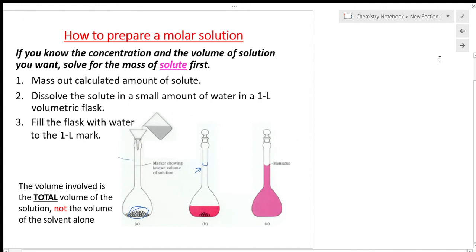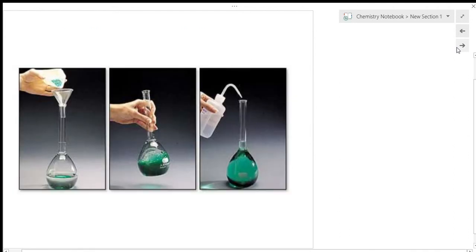So we're going to take a look at how we prepare a solution, like what I would do in a lab for the labs that we do. And here's just another demonstration of that. In the first picture over here, you have a little bit of water. You put your dissolved solid, or you put your solid solutes in here.